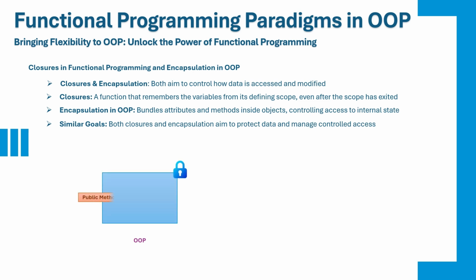While closures trap variables inside functions, OOP encapsulates data inside objects, providing access through well-defined methods. So, whether you're encapsulating a variable inside a function with a closure or controlling access to object data with OOP, both techniques aim to manage how data is accessed and used.